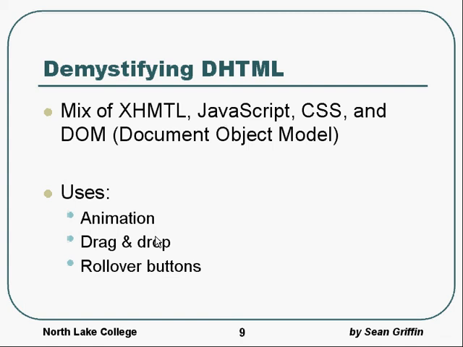XHTML is pretty boring. It's pretty bland. It's hypertext markup language. What does it do? Makes hypertext links. Okay, you could link to other documents. Well, that's great, but what if you wanted to add some interactivity such as animations, drag and dropping, and creating rollover buttons so that when you moved over a button it changed into something else or it highlighted? Okay, those are things that you couldn't do with HTML.